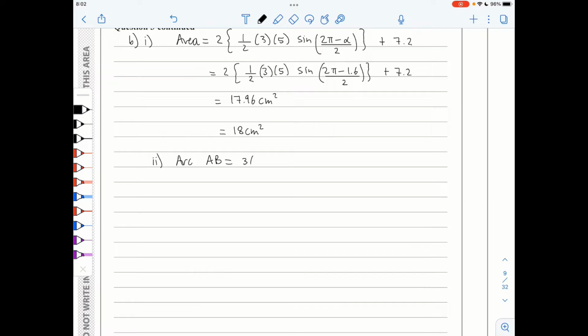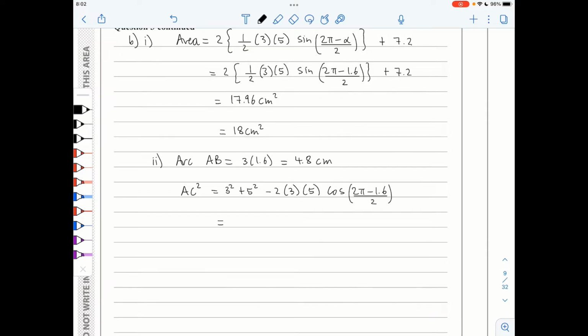So it's 3 times 1.6, so 4.8 centimeters there. And then cosine rule, AC squared is 3 squared plus 5 squared minus 2 times 3 times 5 cos of the angle, which is (2 pi minus 1.6) over 2.